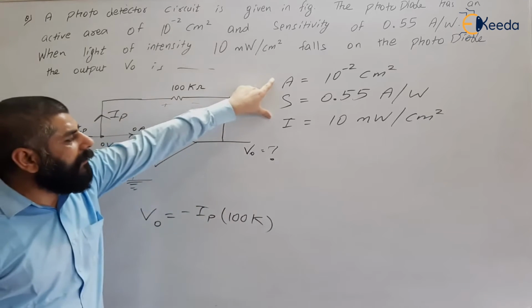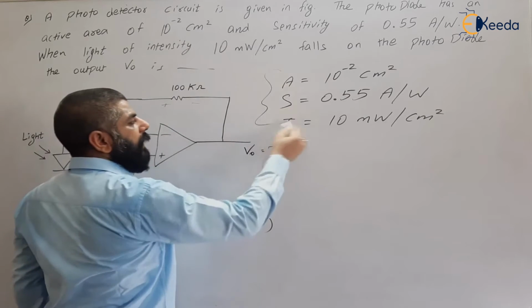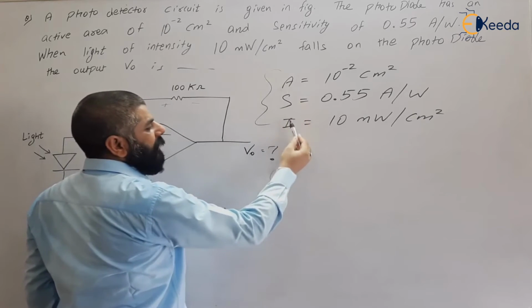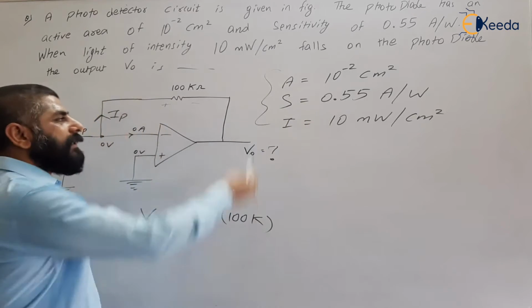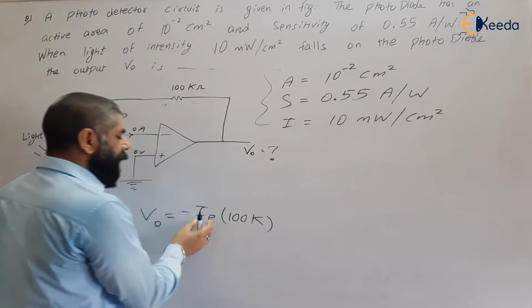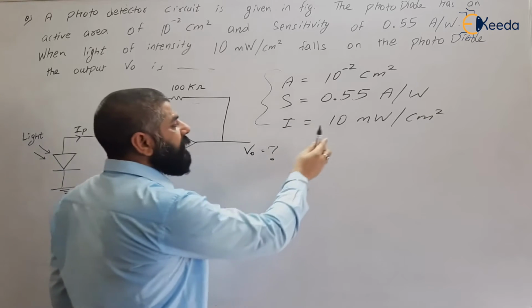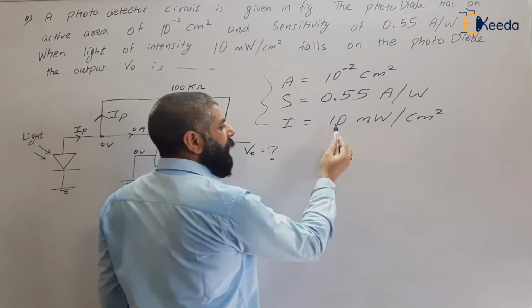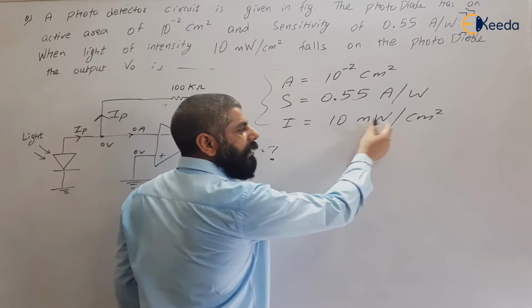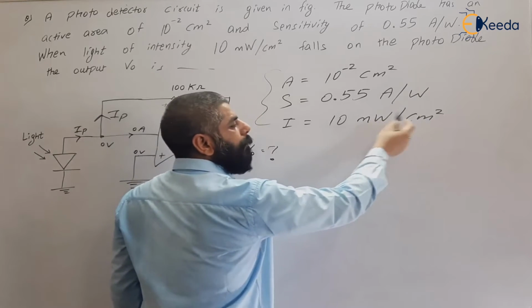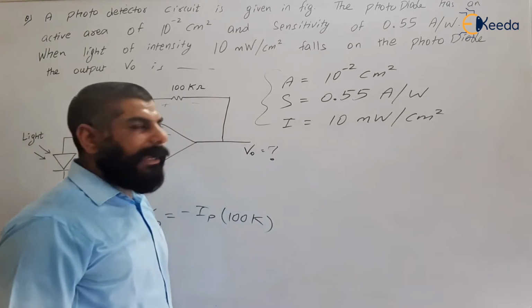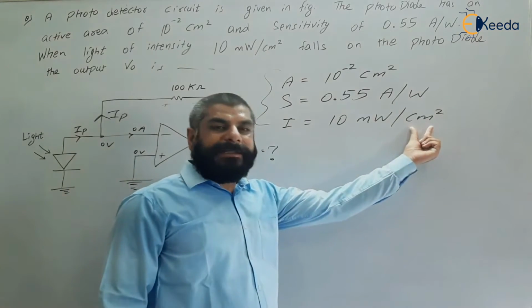So to calculate the output voltage, we need to calculate only the value of photocurrent, and to calculate the photocurrent, the given quantities are active area, sensitivity and intensity. So what is the intensity? The unit is milliwatt divided by centimeter square, so power divided by area, and this area is the active area.